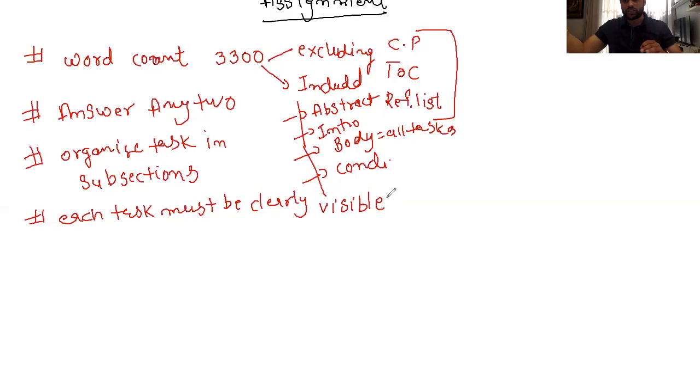Start from the new page. It must be clearly visible. When question 1 finishes and question 2 starts, try to start question 2 from the next page. That's my highly recommended advice for you. So it must be clearly visible.